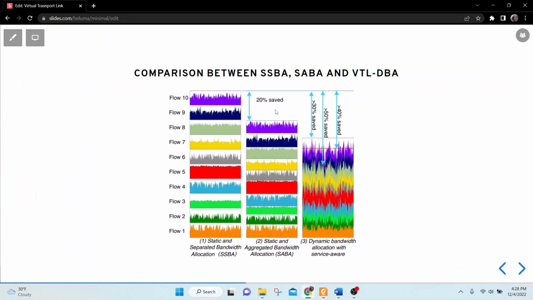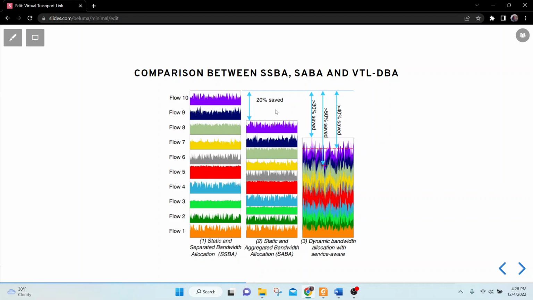This is a comparison between SSBA, SABA, and VDBA. SSBA means static and separated bandwidth allocation, and SABA means static and aggregated bandwidth allocation.